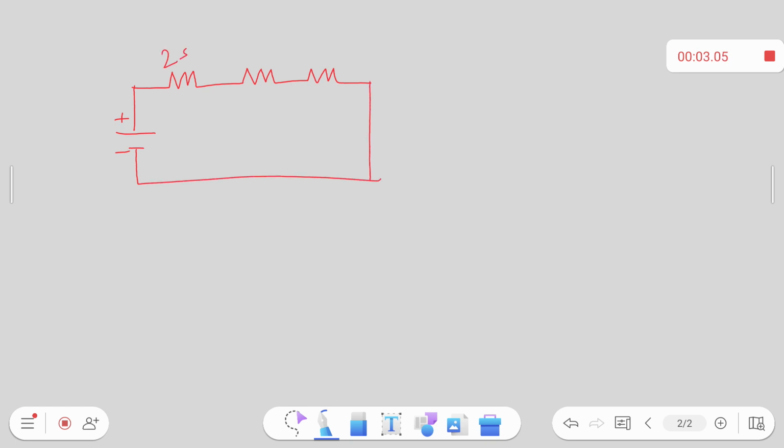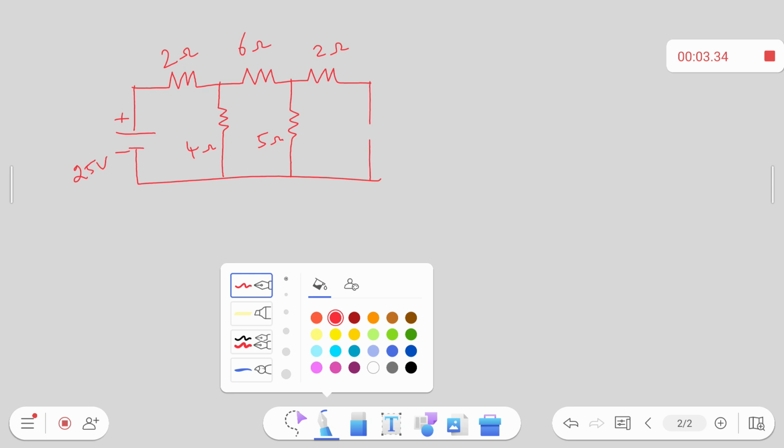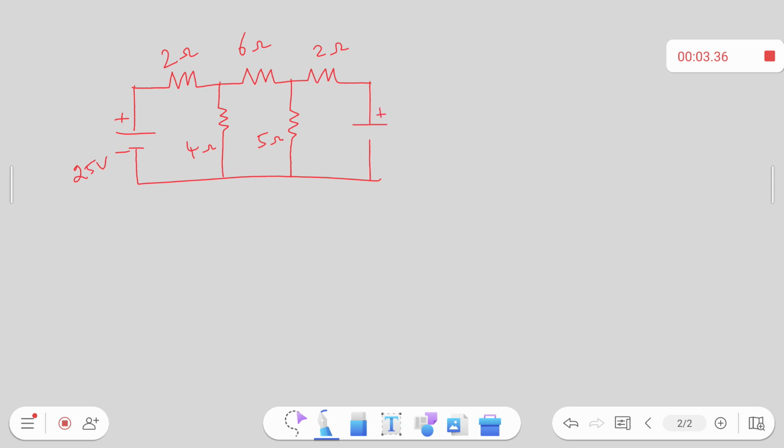The value of this resistor is 2 ohm, this resistor is 6 ohm and the third resistor is 2 ohm, and the resistance between loops 1 and 2 is 4 ohms, and here the common resistance is 5 ohm. This voltage source is 25 volt, and here I have a source which is 10 volts.